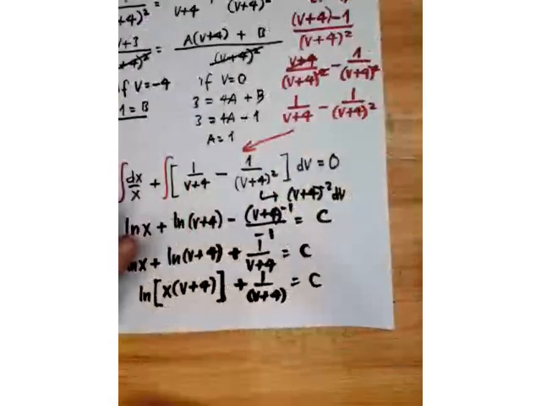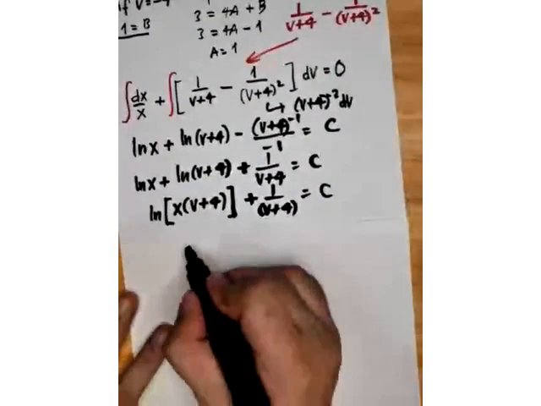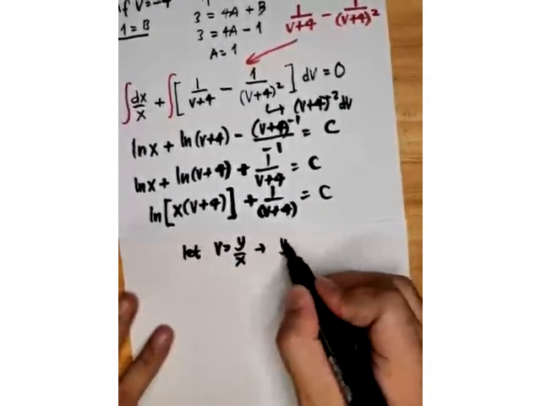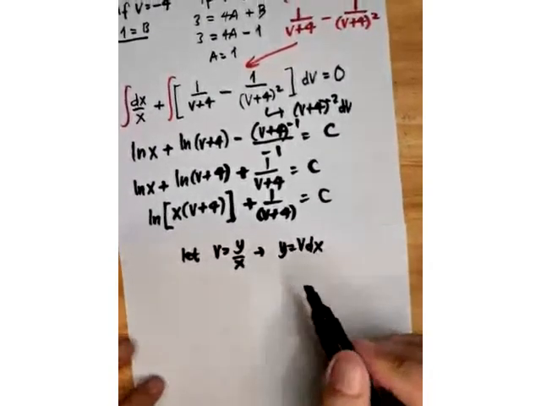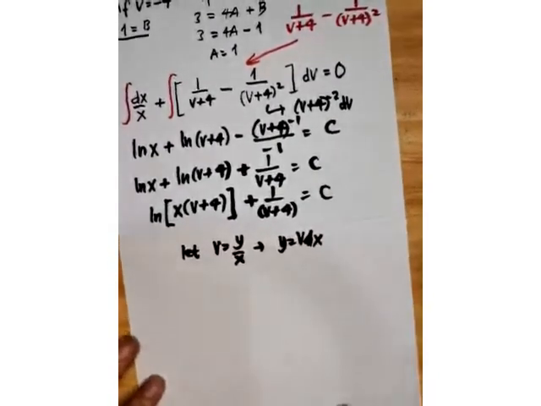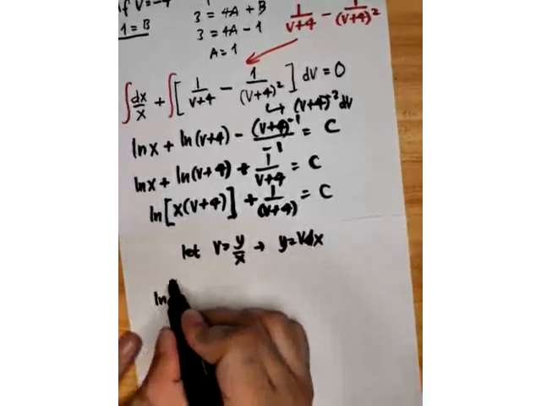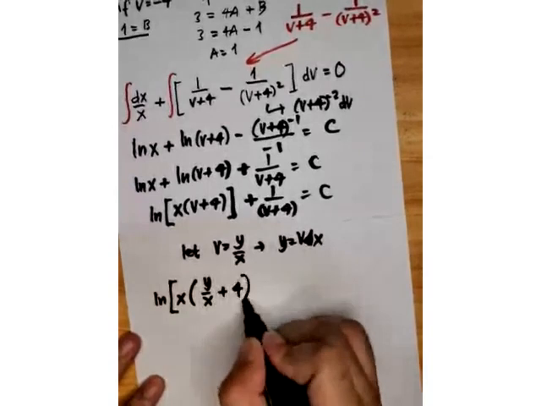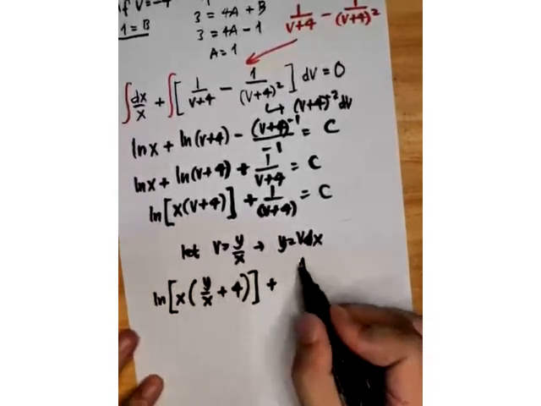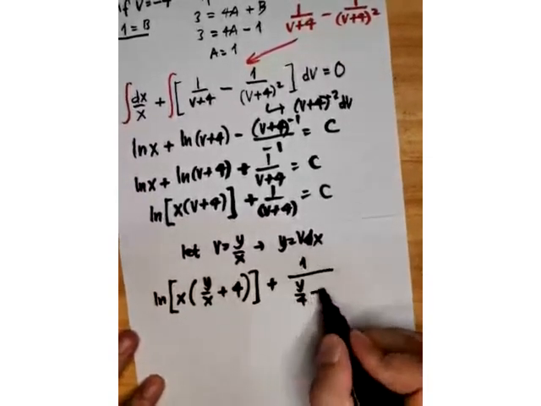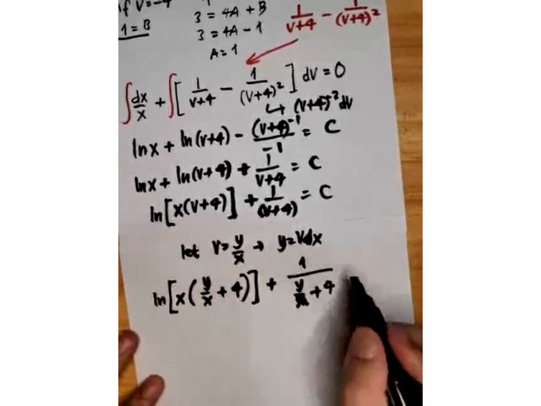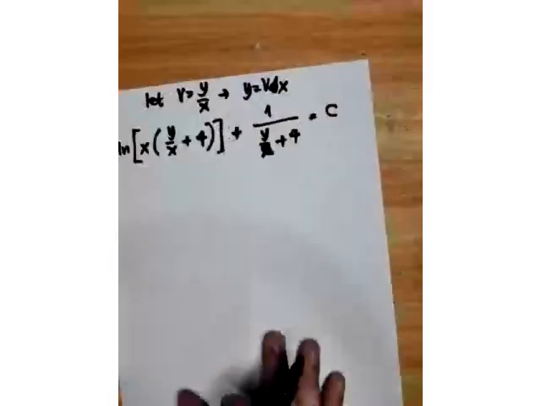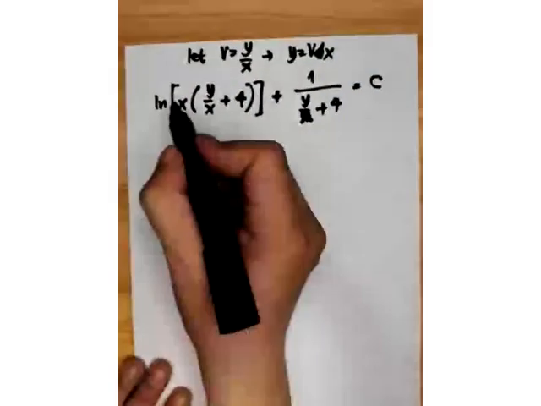Okay, now let's return it to y. So we let v is equal to y over x. So nanggaling yan sa y is equal to vx. Ayan. So that is equal to ln of x times y over x plus 4 plus 1 over y over x plus 4 is equal to c. Ayan. And then we simplify. Let's distribute x dito.